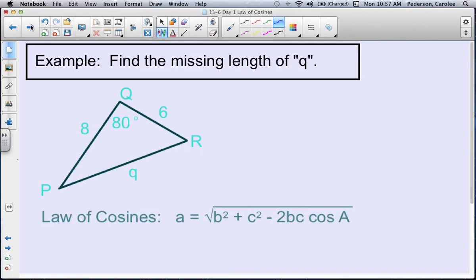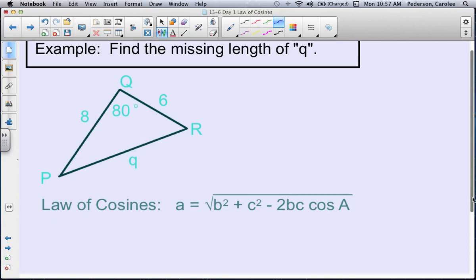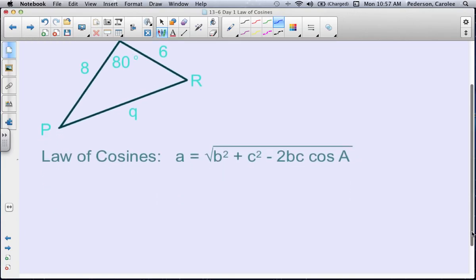Here's another example. I've just changed the letters for us a little bit. And we want to find the side length of Q. So you don't need to rely on the letters A, B, and C. Just be careful on what you substitute in. So to find the letter Q, you're going to square the two sides.